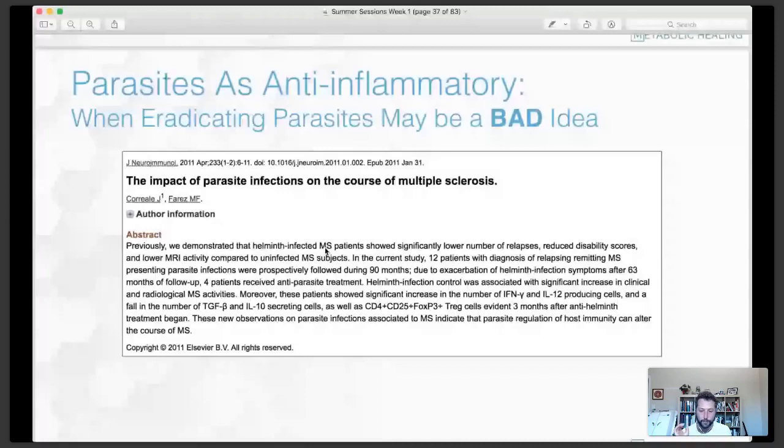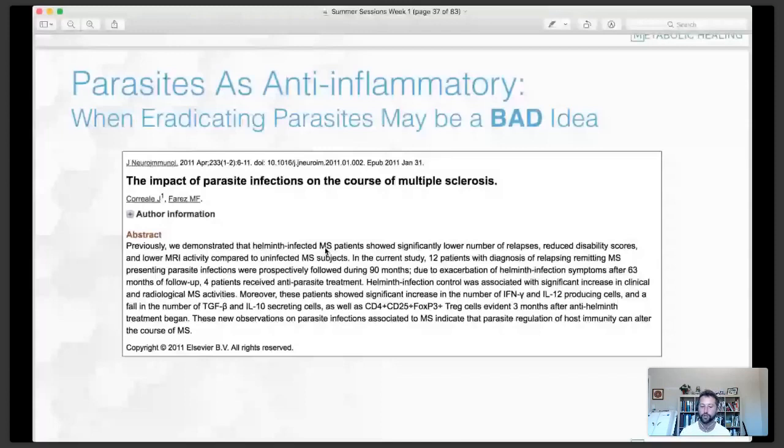Due to the exacerbation of the Helminth infection symptoms, so it did cause symptoms for these people, 4 patients received antiparasitic treatment. Helminth infection control, so eradicating the bugs, the parasites, was associated with significant increase in clinical and radiological MS activities. The MS got worse when they killed the parasites.